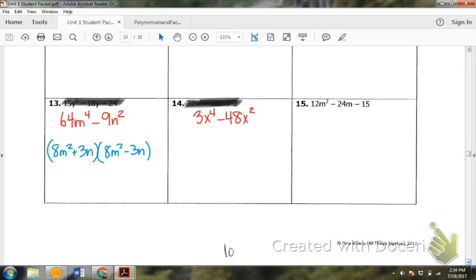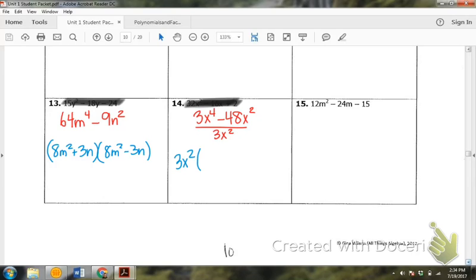What are we thinking? Greatest common factor. Yeah, I was about to say throwing the 3 out to the outside. Okay, we can throw the 3 out. Is there anything else we could throw out? X squared. That's the greatest common factor, right? It's 3x squared. And where do we throw it out to? Outside the parentheses, out to the front.